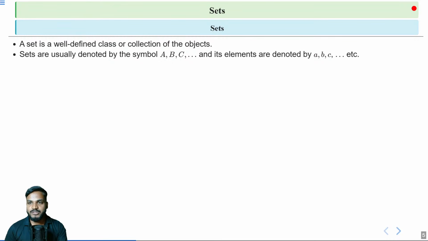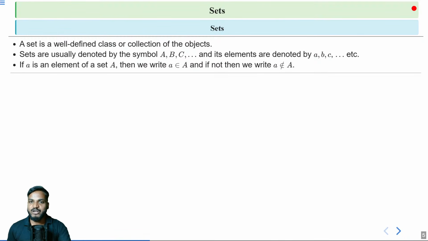The set is usually denoted by capital letters. So capital letters A, B, C are used to denote sets, and small letters a, b, c are used to denote the elements of the set.